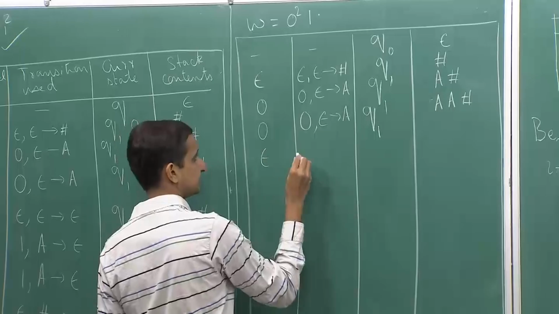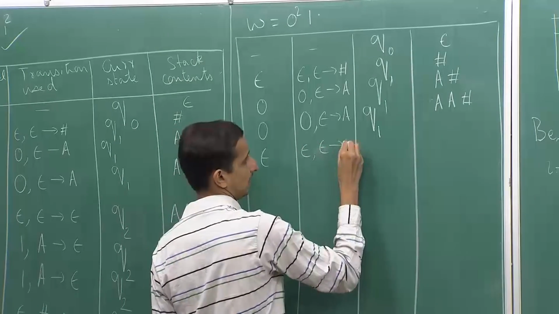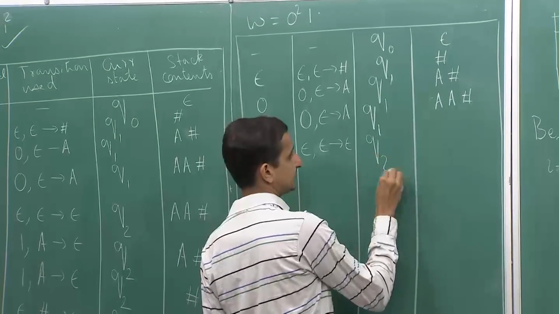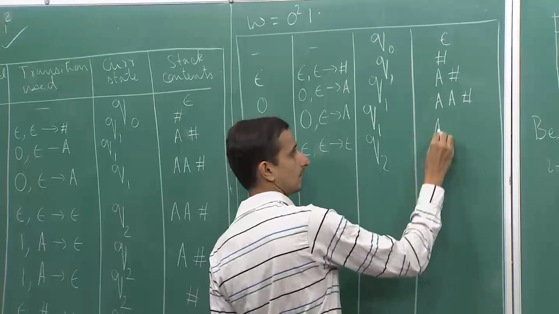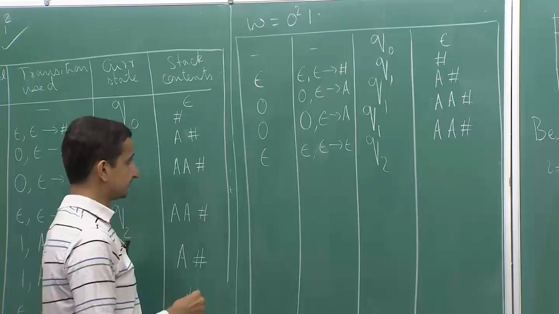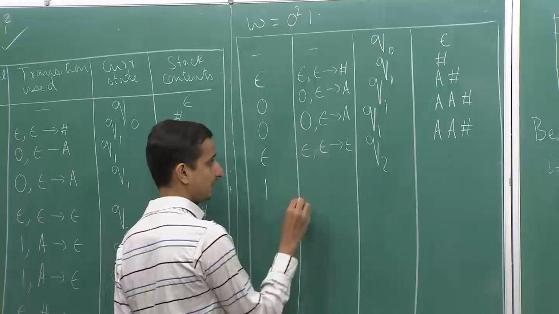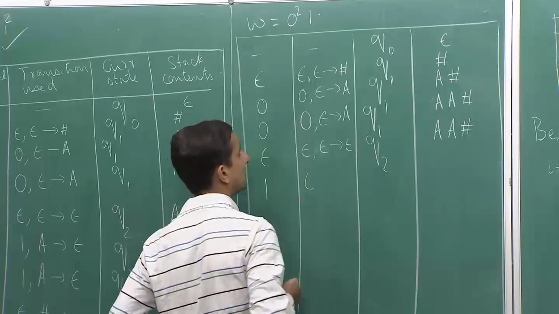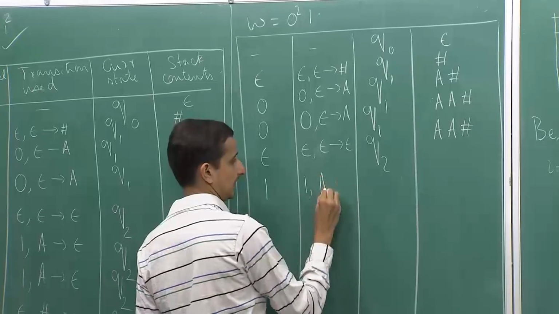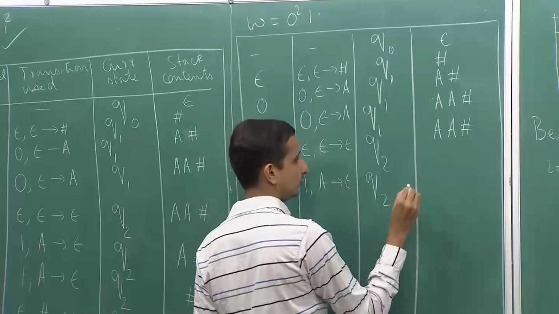Now, I use the transition epsilon to epsilon, move to state Q2, and the stack remains unchanged. Next, I read a 1. So, it is 1 comma A, and A gets popped out. I remain at state Q2.